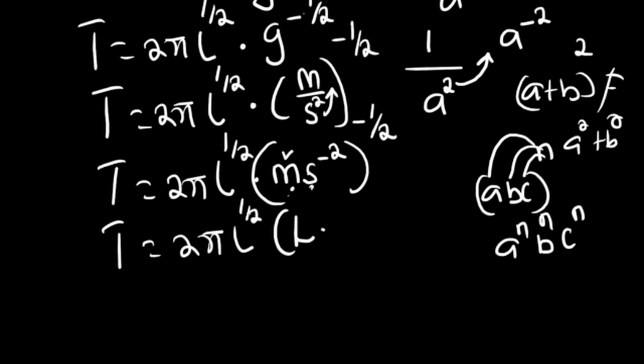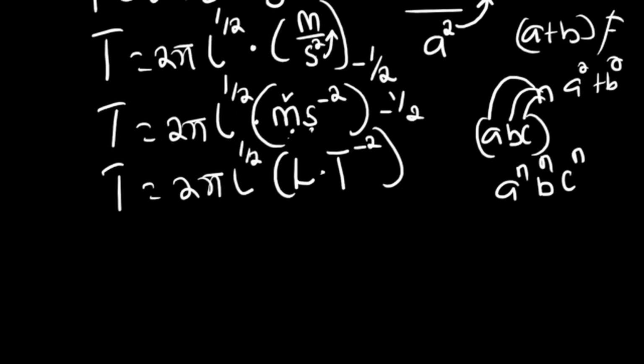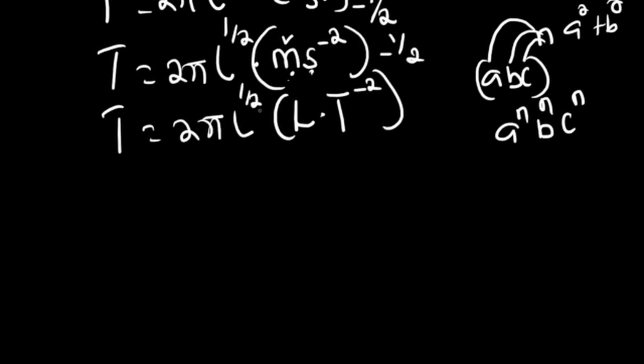Then this is multiplied by, for the second, remember that the dimension for time is capital letter T. We determined that initially, and it's T raised to the power negative 2, and then outside the bracket, we still have our negative 1/2. Now I'm going to replace again this L here.